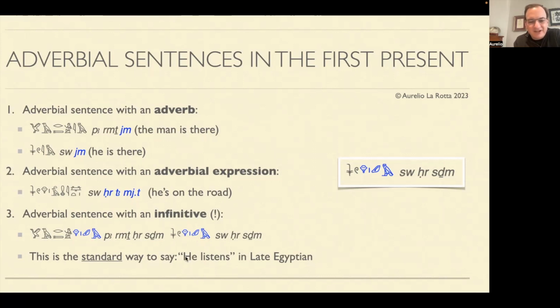And that is the standard way to say he listens in Late Egyptian. So when you saw my question from the page before, if you learned Middle Egyptian before, you may have thought I was going to say something about the suffix conjugation. Not so. The standard way in Late Egyptian is an adverbial sentence, where you just stick the infinitive of the verb after cher, and that's really all. So the sentence structure is cher sejim.